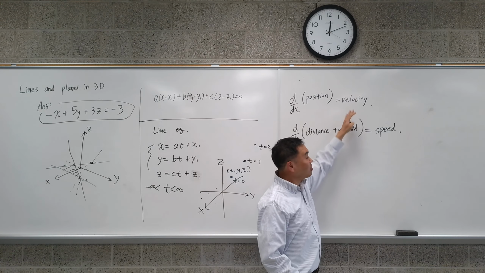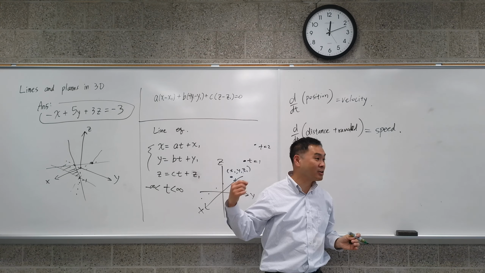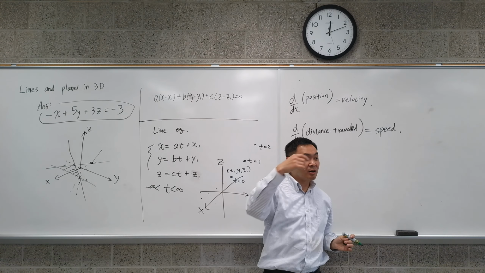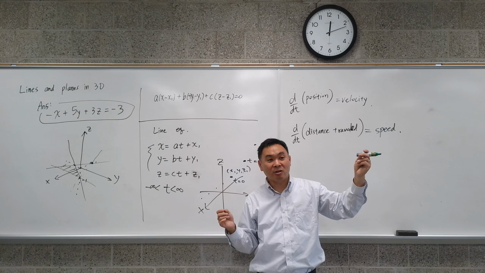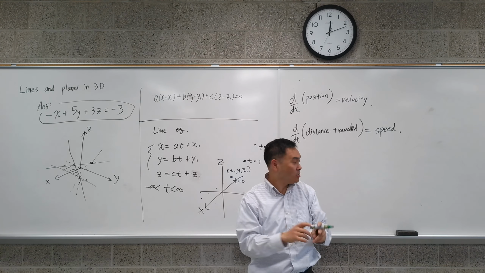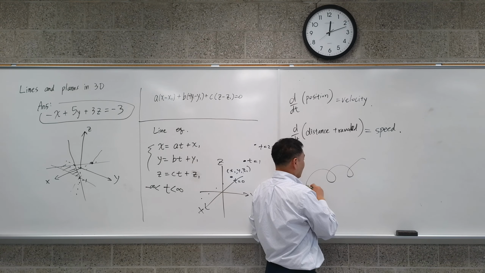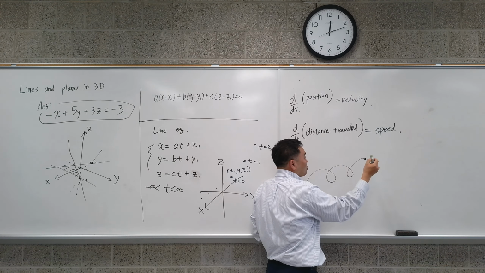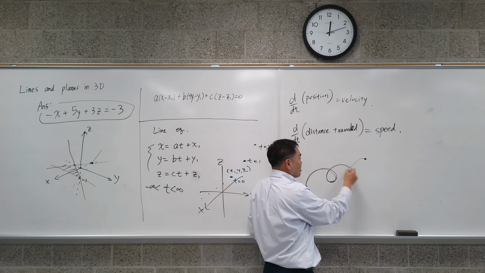On the other hand, distance traveled is like how far something moves, right? And the distance traveled is always a single number, because it only measures the length. So if you have something that's going like that, a position vector will be the location of this final point, but the distance traveled would be the length of this curve.